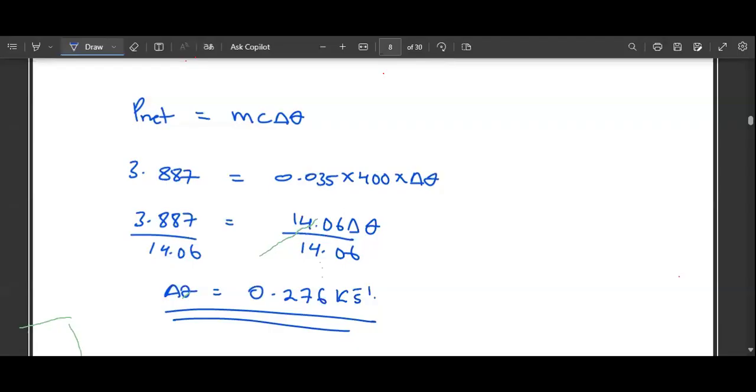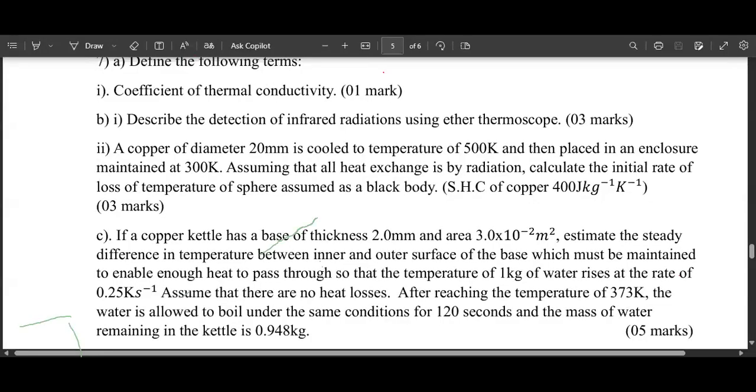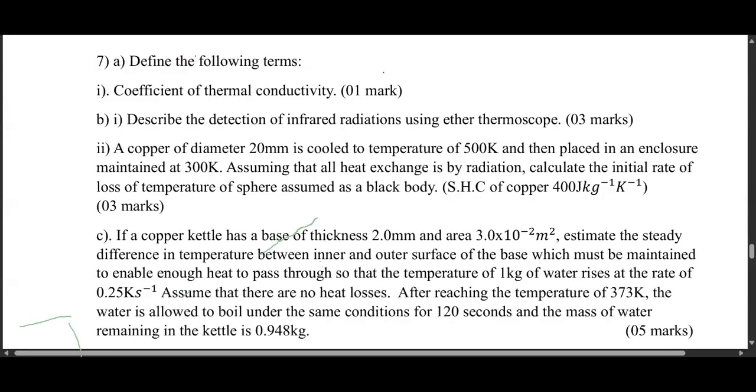Then part C: if a copper kettle has a base of thickness 2.0 millimeters and an area of 3.0 times 10 power negative 2 meters squared, estimate the steady difference in temperature between the inner and the outer surface of the base, which must be maintained to enable enough heat to pass through so that the temperature of 1 kilogram mass of water rises at a rate of 0.25 kelvins per second.